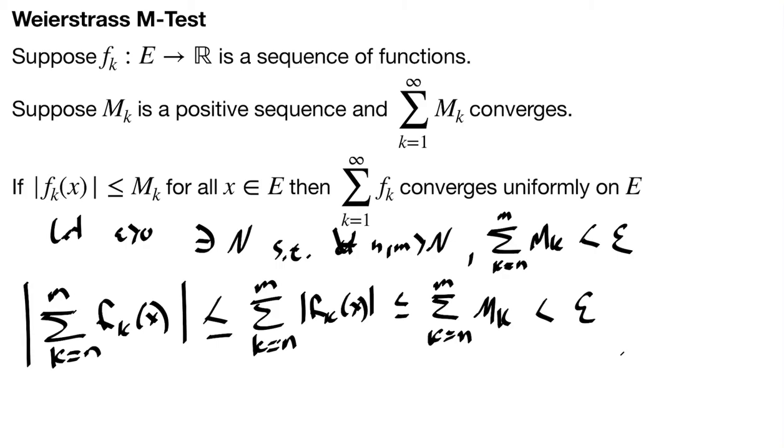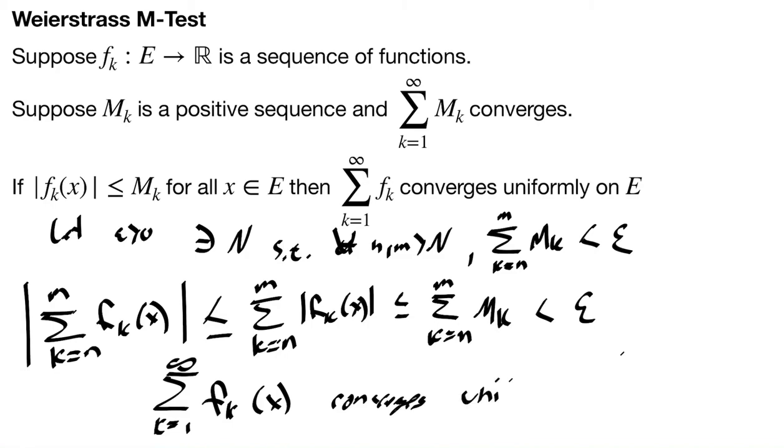So that means that these f_k's are Cauchy, which means that the sum of f_k of x is Cauchy. So that means that this converges absolutely and uniformly.